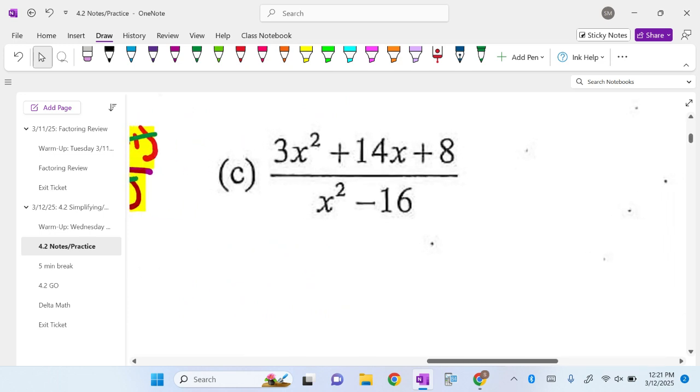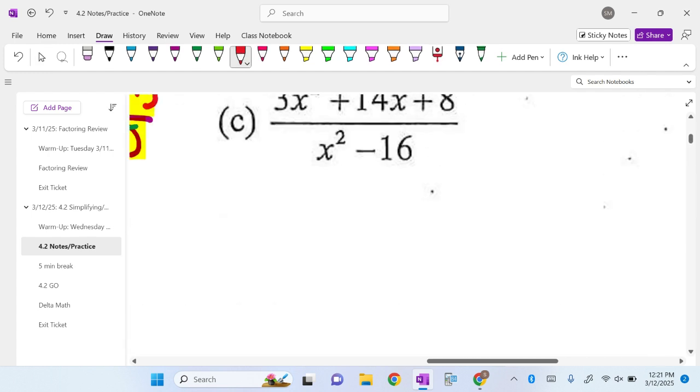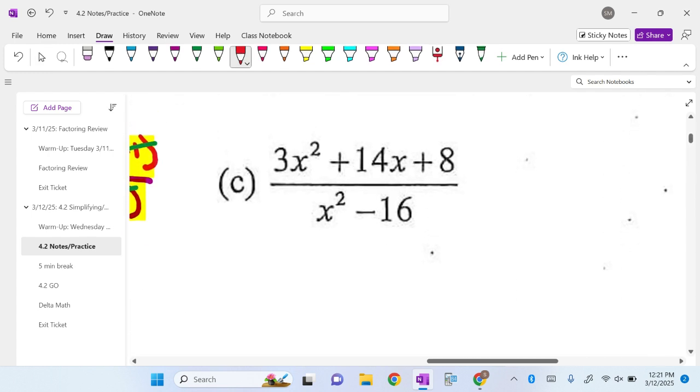All right, so let's look at example C. So we're still doing the same thing, but we're going to do this one together because of that top polynomial. All right. So the bottom one we can go ahead and factor because what's special about the bottom or the denominator? It's another difference of squares. Meaning what? How do I factor it?